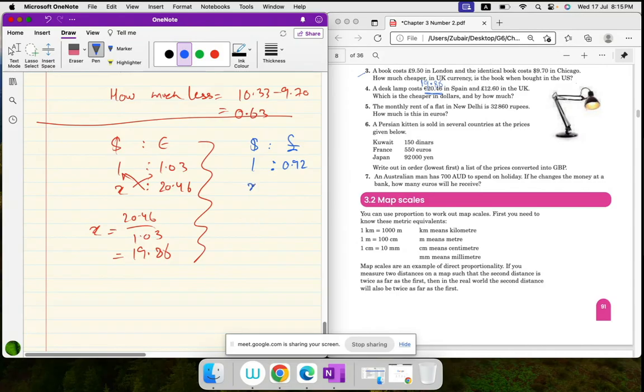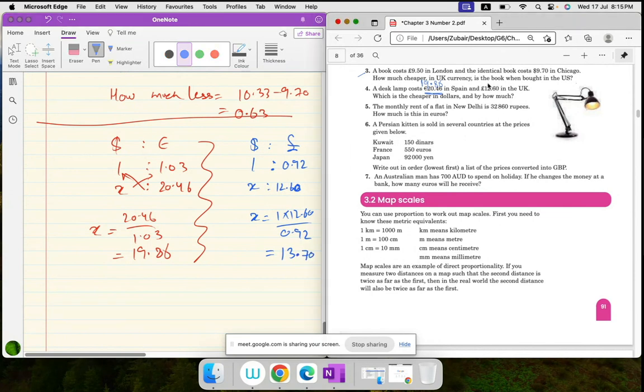So we will get X dollars when we have 12.60 pounds. So X is equal to 1 into 12.60 by 0.92. This is 13.695, so I'm writing 13.70 to two decimal places.